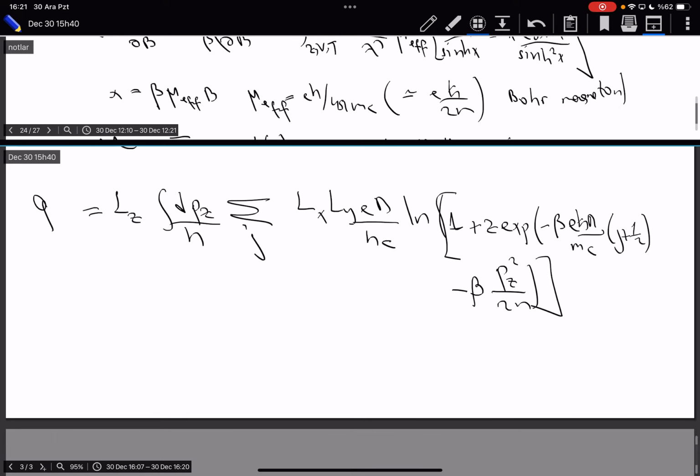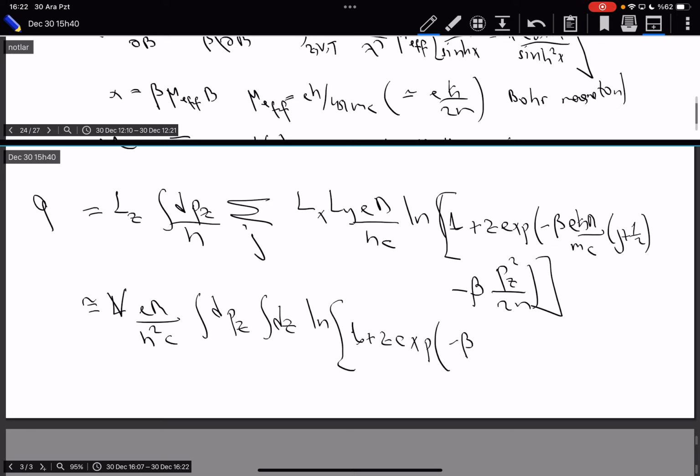You see, if you straight away replace that J summation also by an integral, this becomes V e B over h squared c, integral dp_z dj, logarithm of 1 plus Z exponent minus beta e h bar B over m c J, minus beta p_z squared over 2m.